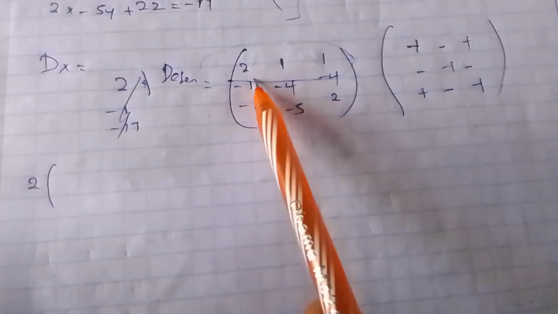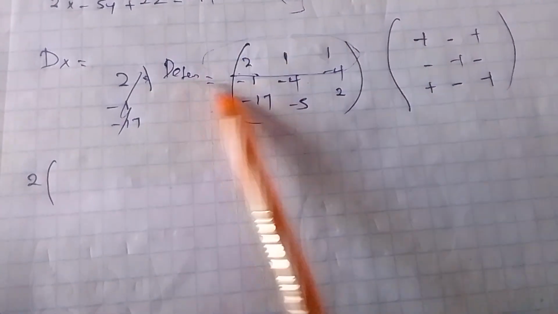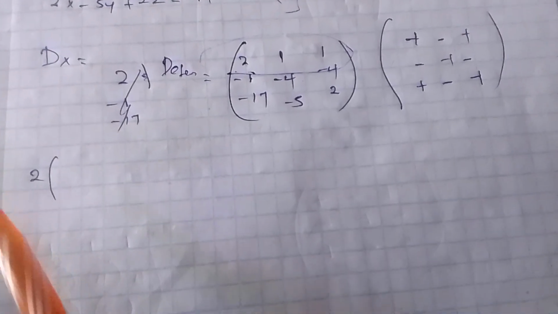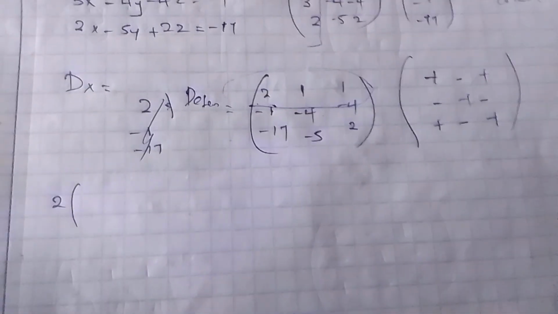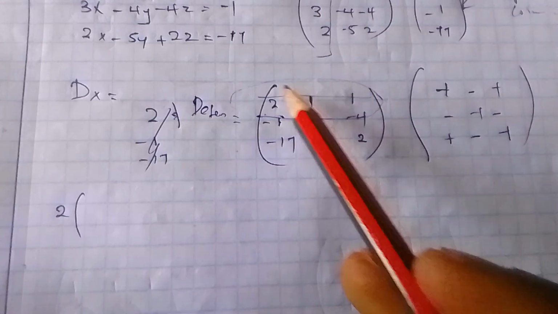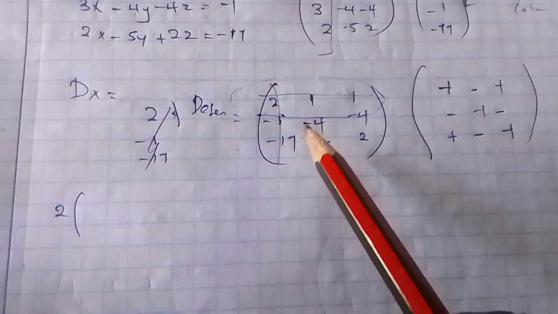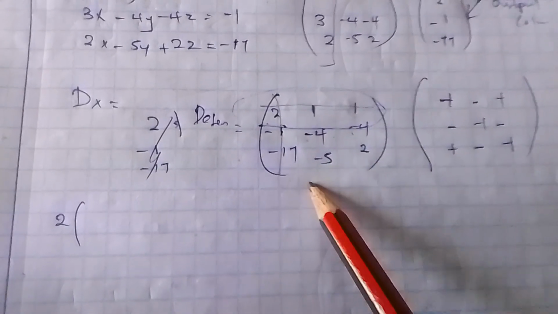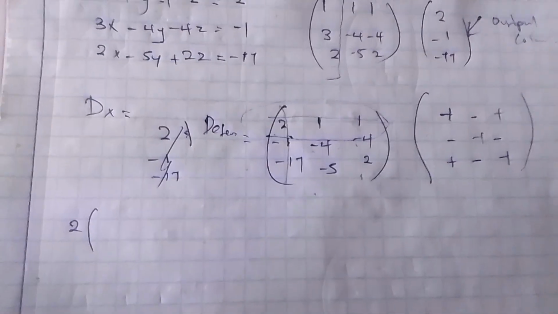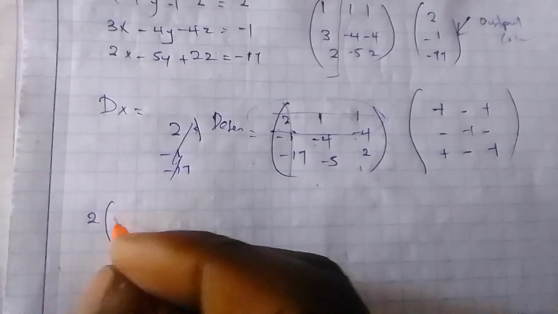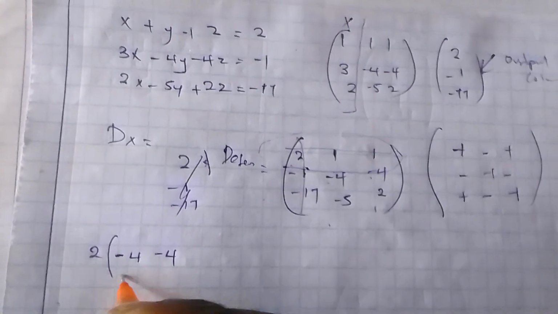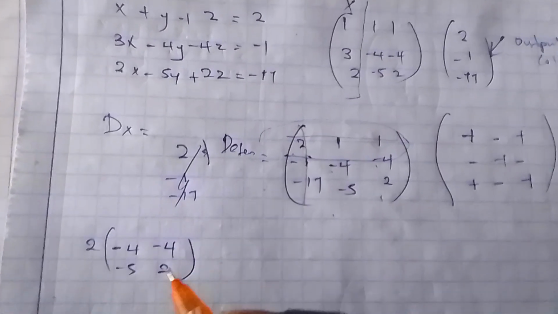So I've decided to use my first row. So 2 multiplied by the positive remains the positive 2. Then when I block this row and this column, I remain with -4, -4, -5, +2.